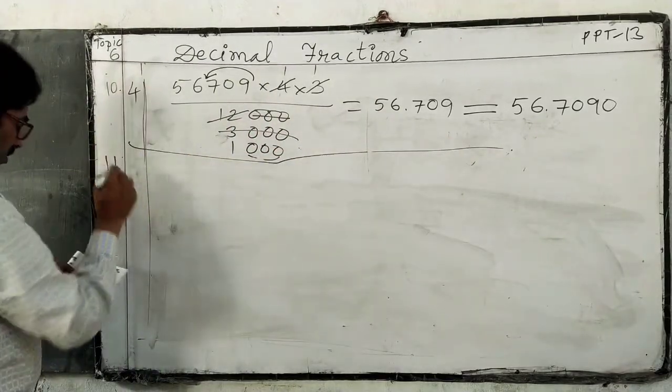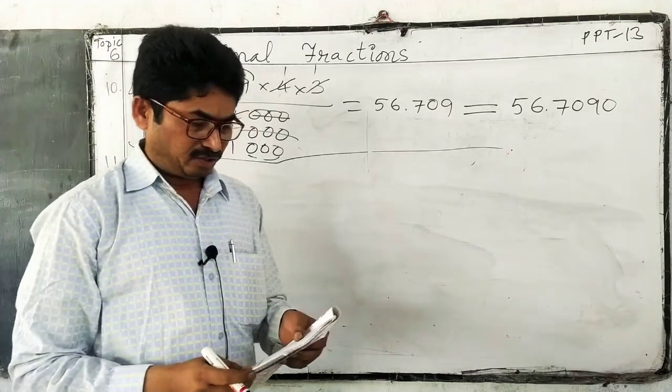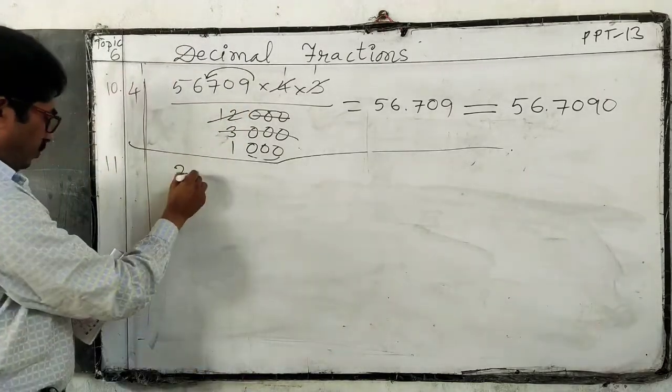4. 11th one, the fractional form of 2.25.